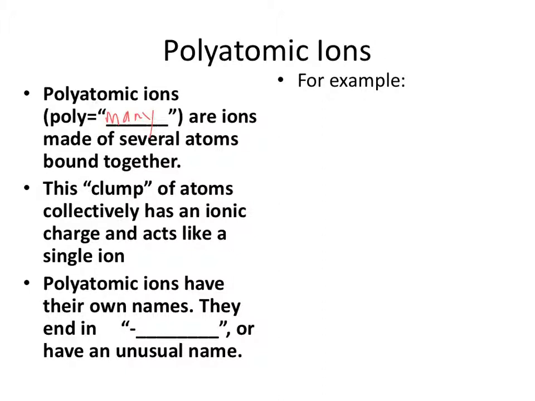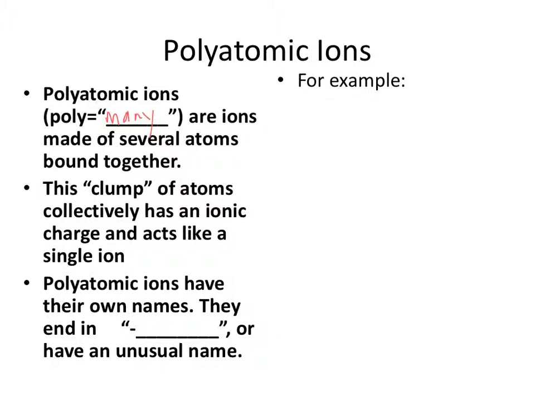So not a Catholic idea, but it is something that exists in the world. So polyatomic, right? Many atoms in an ion. So polyatomic ions are ions made of several atoms bonded together. And so it's like a clump of atoms that have a collective charge to them, and they act like a single ion. So even though there's going to be multiple atoms in the clump, they're acting like a unit together.